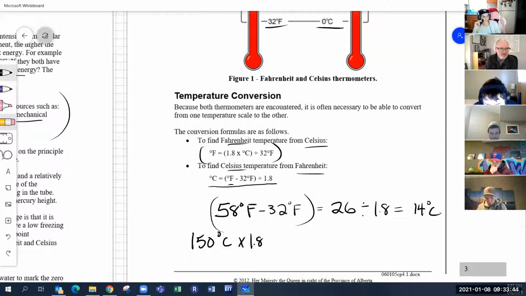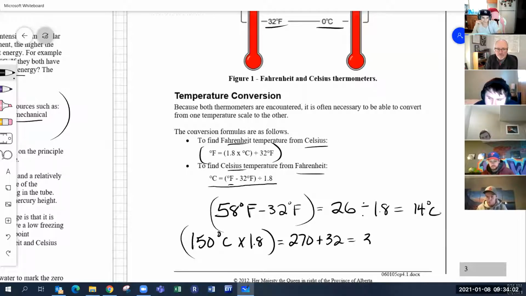Do that first. So that's 270, and then you add 32 to it, which is 302.